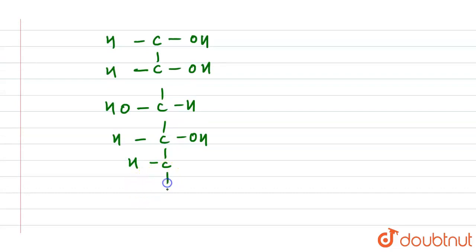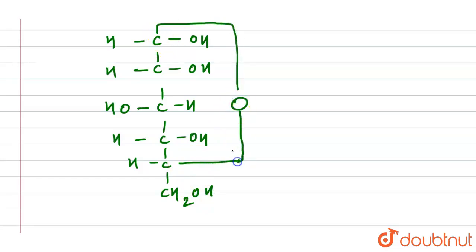At this position we have the CH2OH, and this carbon is linked by the oxygen. If we give the numbering, here it is 1, 2, 3, 4 and 5, and this one is our sixth carbon. So in this structure we can say that this is our alpha position.